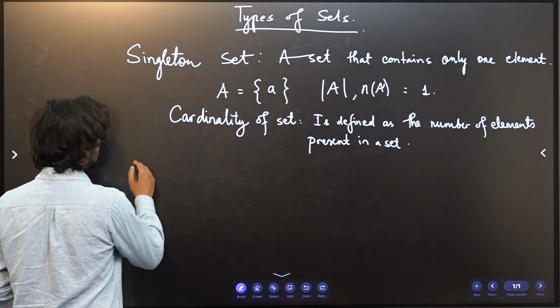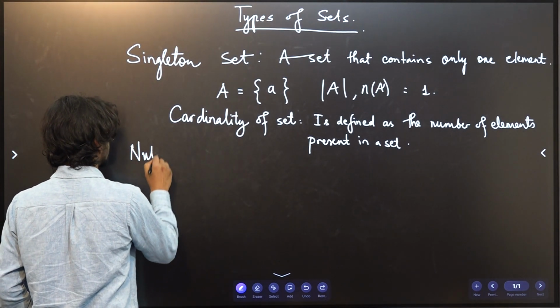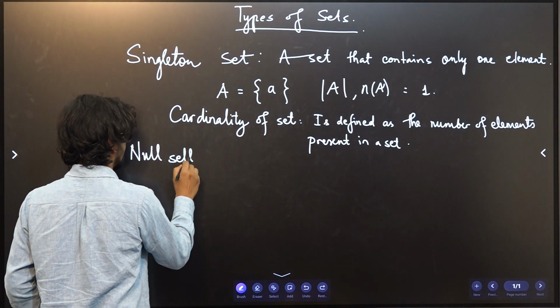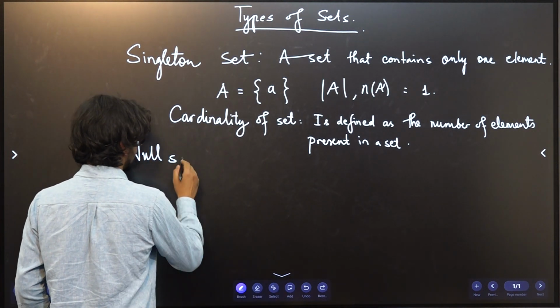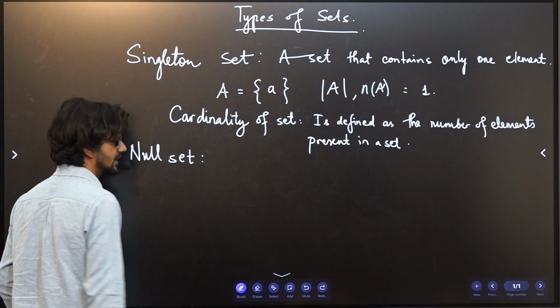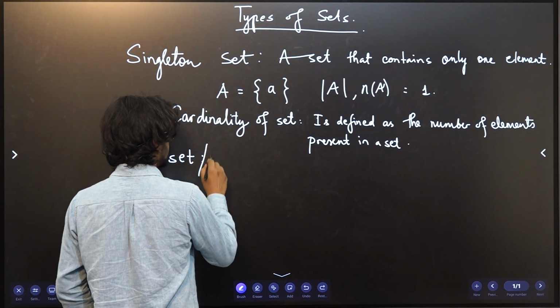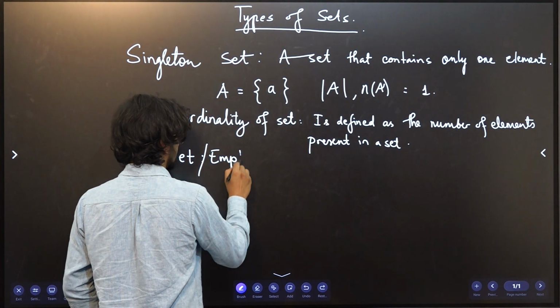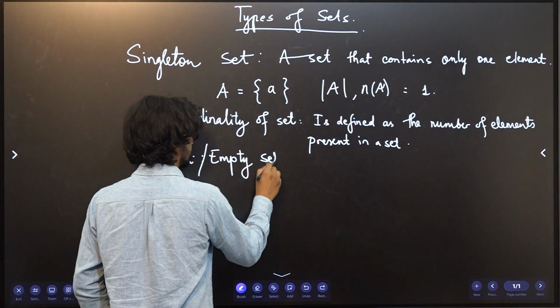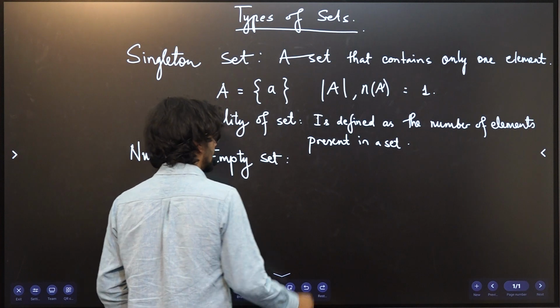Similarly, let's define another set. Let's define null set. Null. के होला null भनेको बाबा? खाली. Set that contains no element, or empty set. के लेखौं त?